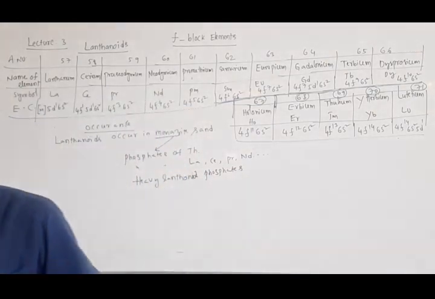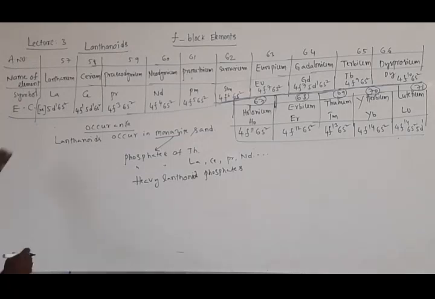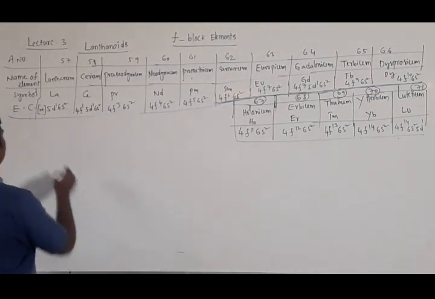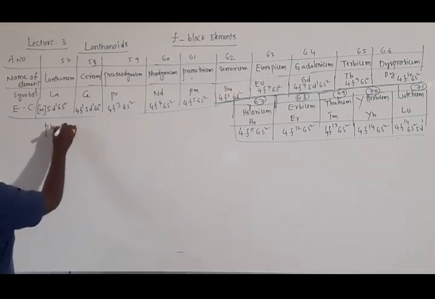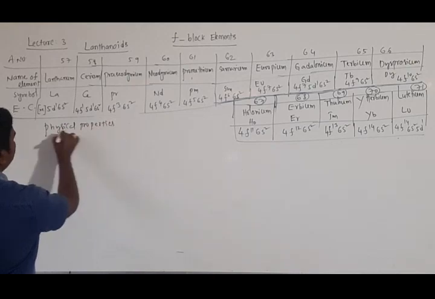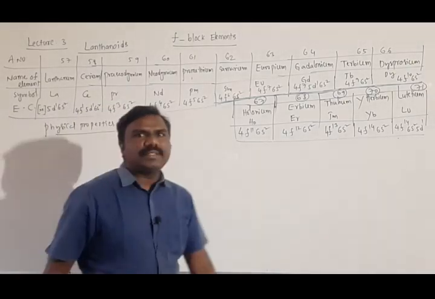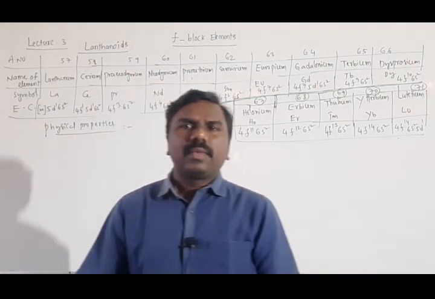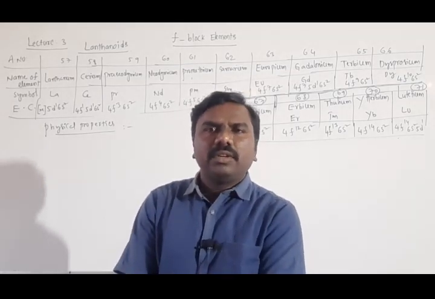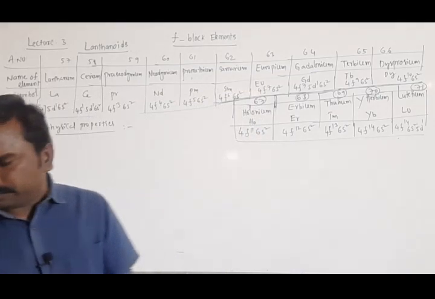Okay. Next, physical properties of lanthanoids. Generally, these are silvery white in color. They can be easily oxidized like iron. A few points we'll discuss now.